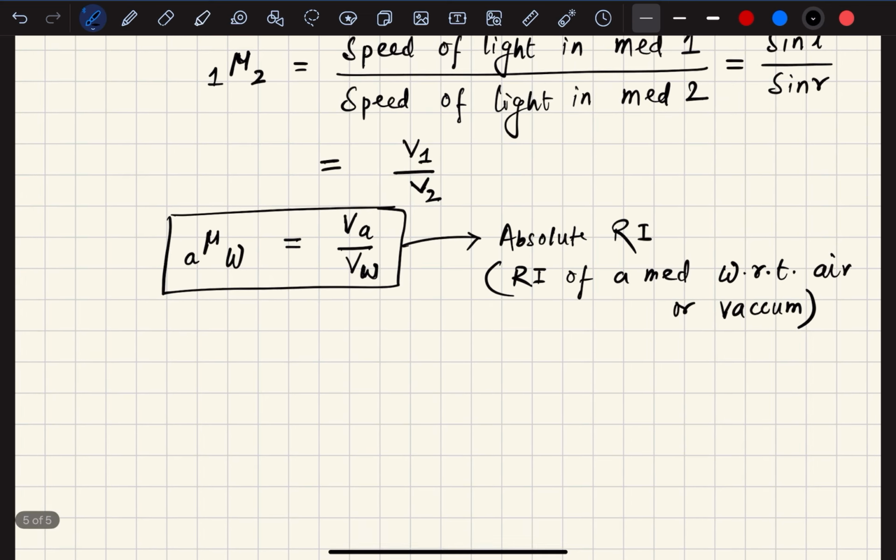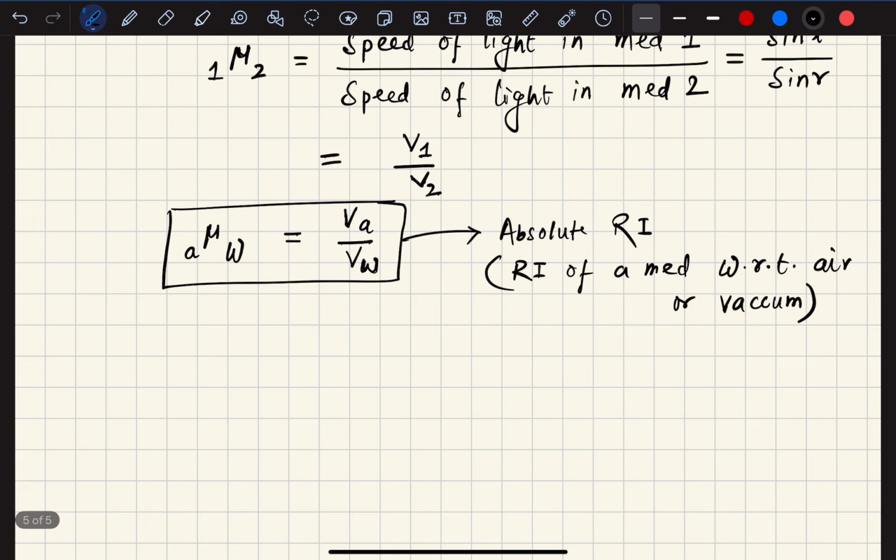Done? I think everybody has understood all these things. So normally, the absolute refractive index for any medium can be written as c by v of that medium. Correct?